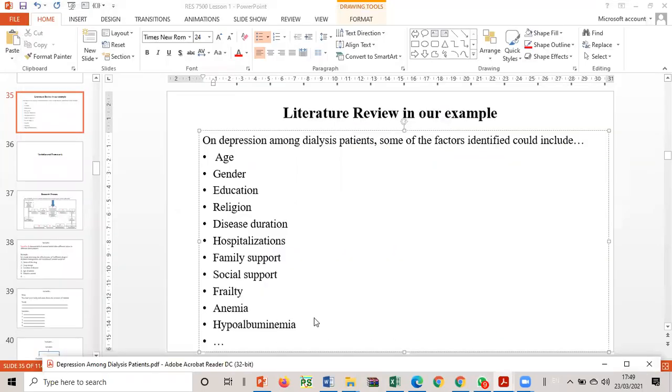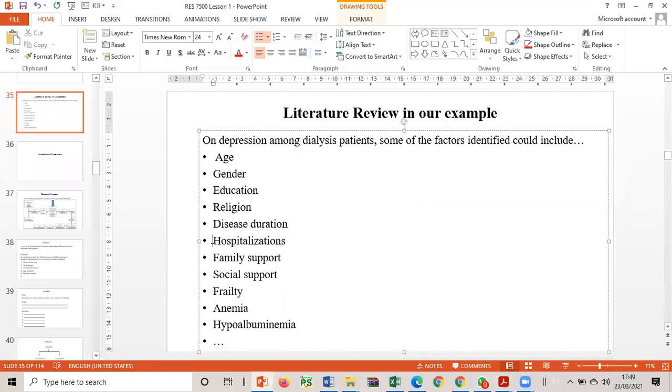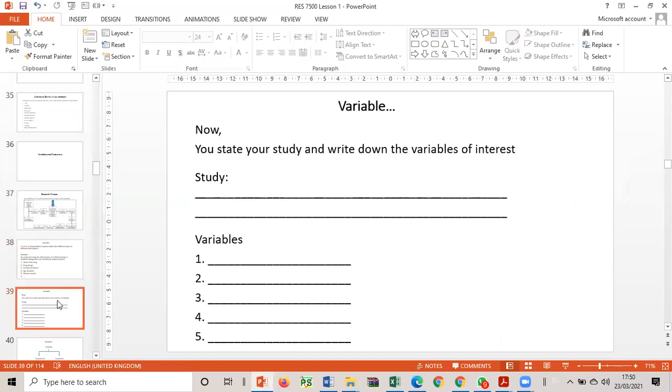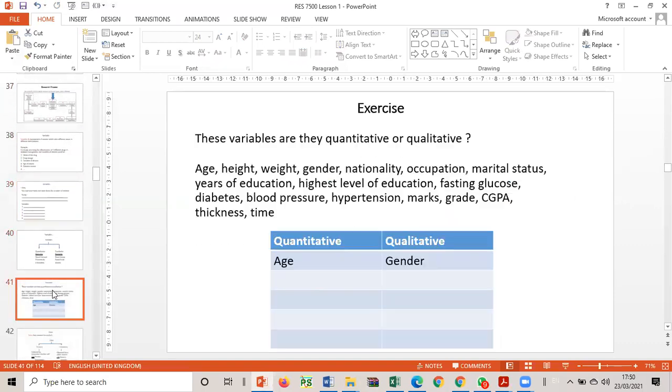Some other factors from another article: family support, social support, right? Another article, priority, these are all your lipids, blood parameters, whether this may affect. So putting all together, I don't want to cover the whole thing. We'll have a framework.